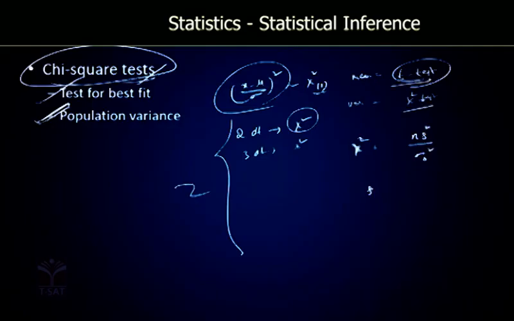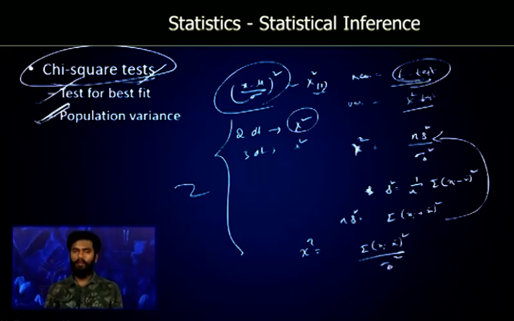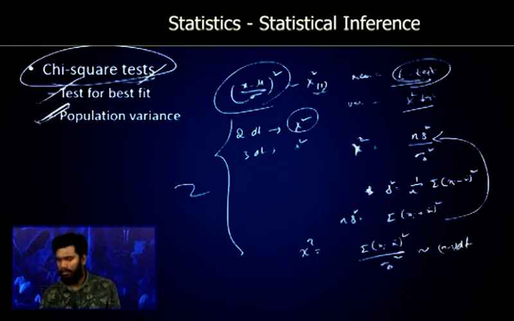This small s square is given by 1 by n into summation xi minus x bar whole square, so n into small s square is equal to summation xi minus x bar whole square. We can substitute this here. Chi-square will be given as summation xi minus x bar whole square divided by sigma naught square. This follows n-1 degrees of freedom. As we are not estimating any parameter, it will be n-1 degrees of freedom here.